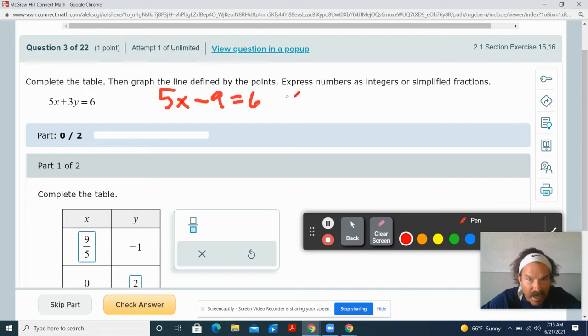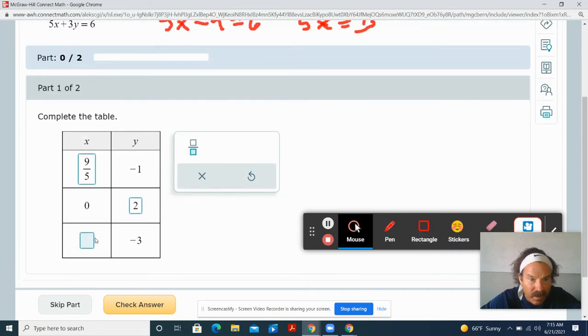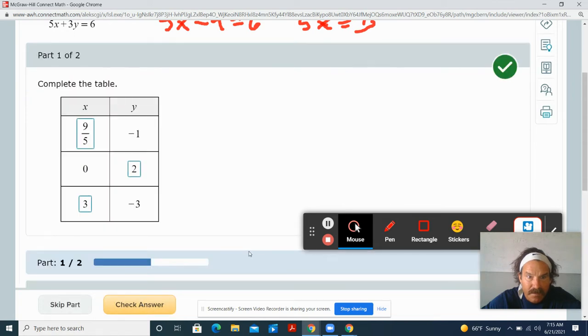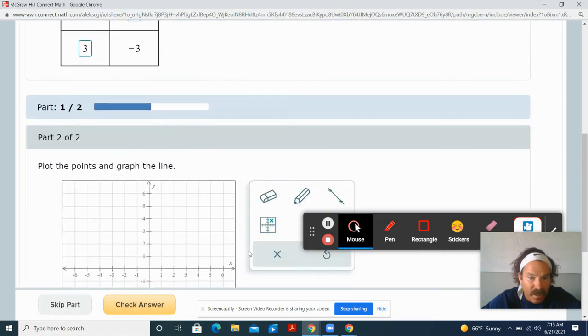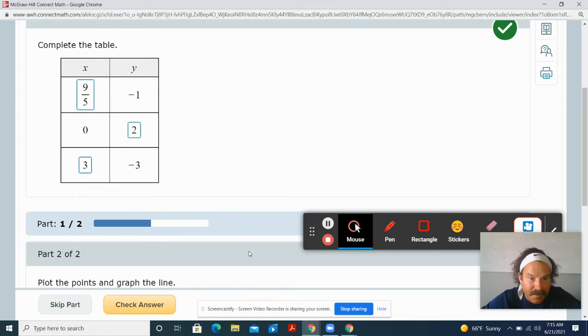I add 9 to both sides, so I get 5x equals 15. And divide by 5, so I get x equals 3. So this is going to be 3 here. Okay. Don't click the check answer until all of your boxes are filled out. Then you'll get the green check mark, and you'll have the second part here.